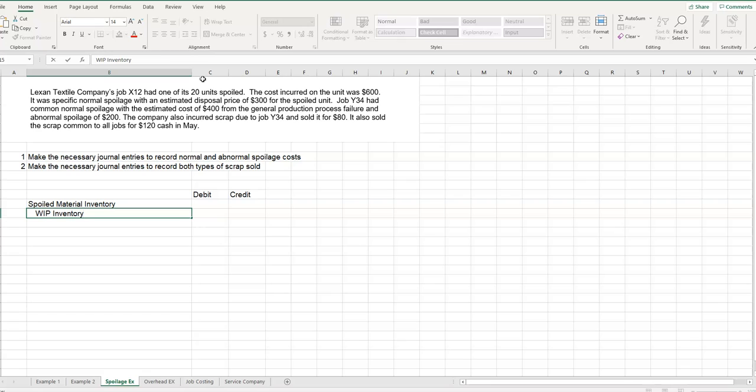So these are materials that we moved into work in process inventory, and then something happened to them that made them unable to be used for the product. So we have here that we have normal spoilage for $300. We record our normal spoilage for $300.